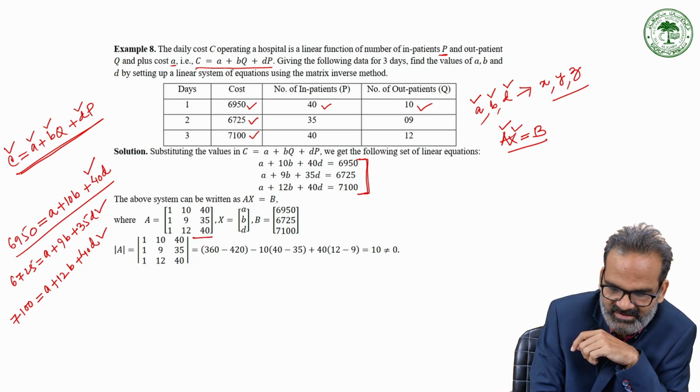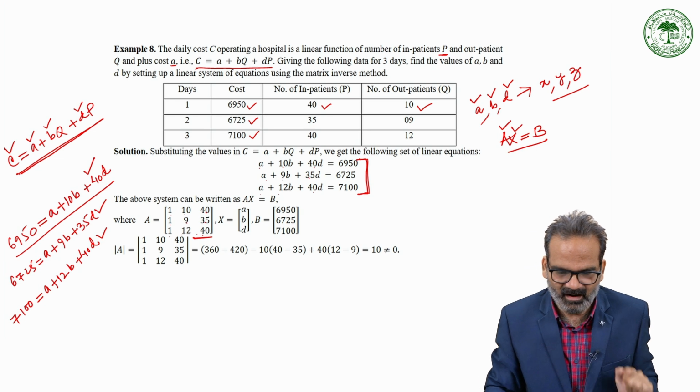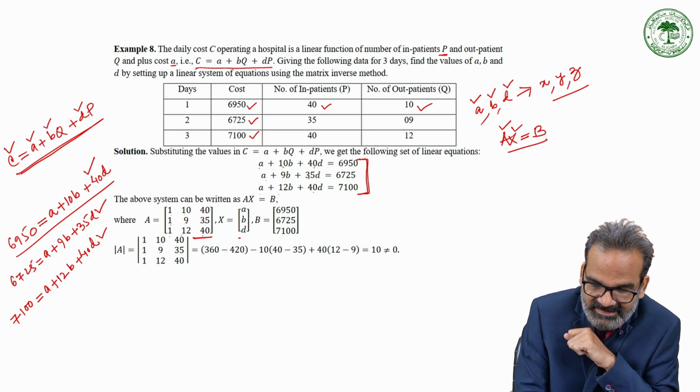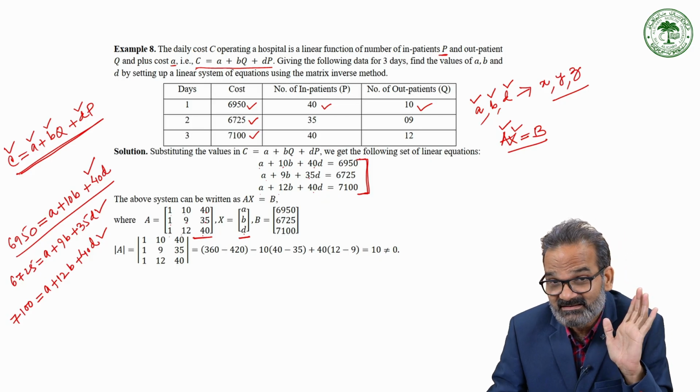So this is your A: the coefficient of A is 1, the coefficient of B is 10, the coefficient of D is 40. So 1, 10, 40. In equation 2, 1, 9, 35. In equation 3, 1, 12, 40. Now, X is A, B and D, not X, Y and Z. Be careful.